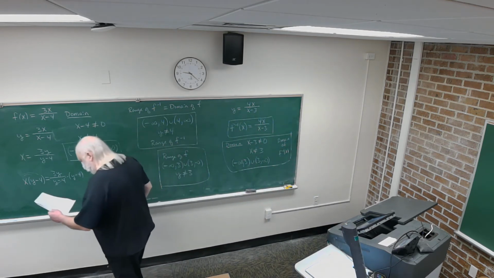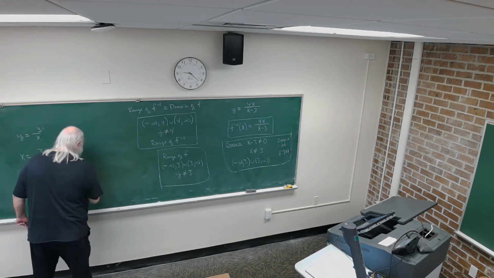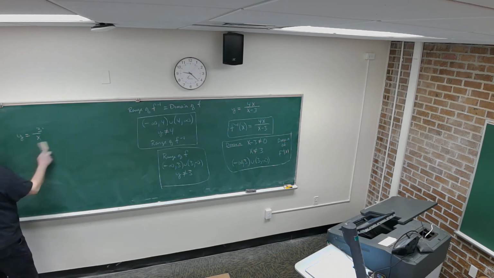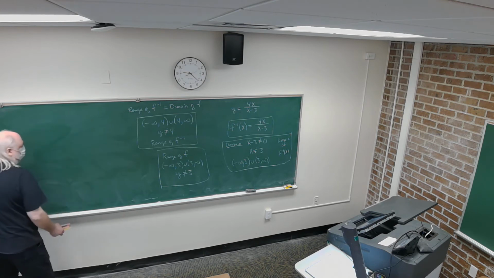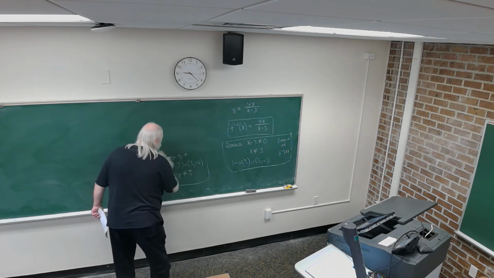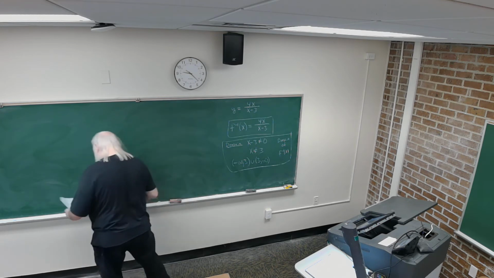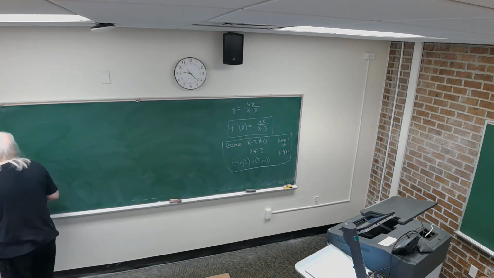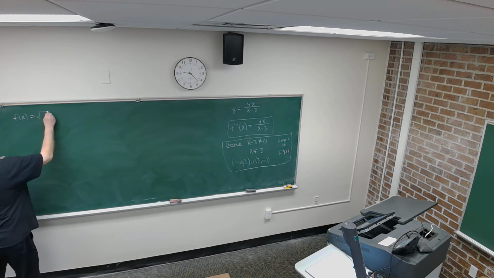This one involves the square root. So we have f of x is equal to the square root of 2x minus 3, right?